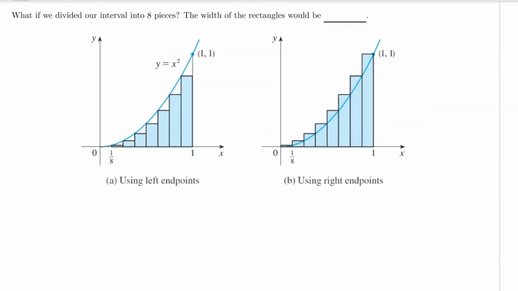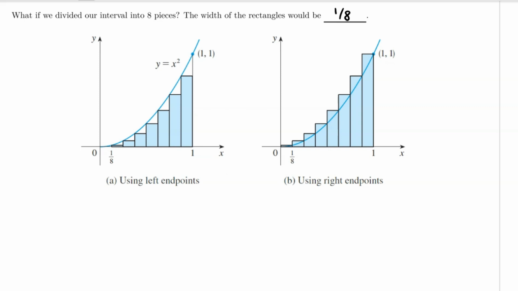What if we divided our interval into 8 pieces, or 8 subintervals? The width of the rectangles would be what? Well, we know that we're looking between 0 and 1, and we're cutting it up into 8 equal subintervals. The entire length of that original interval is 1, so if I'm cutting it up evenly into 8 subintervals, then the width of each rectangle would be 1/8.